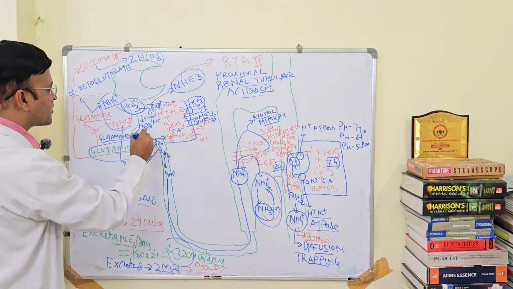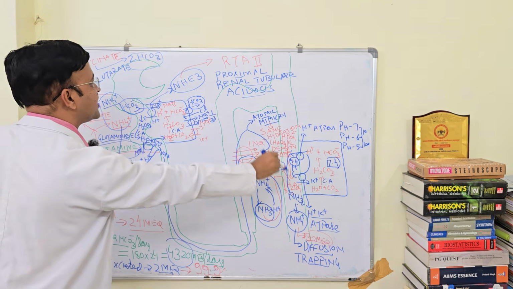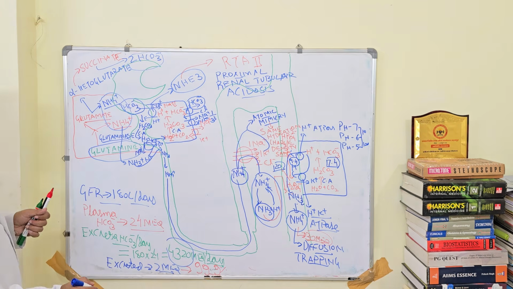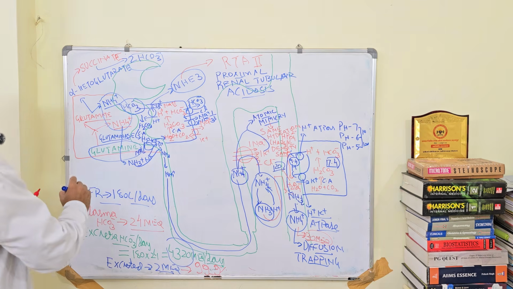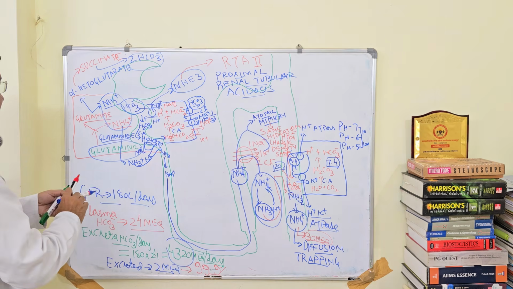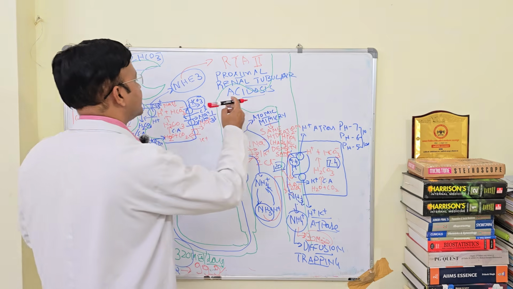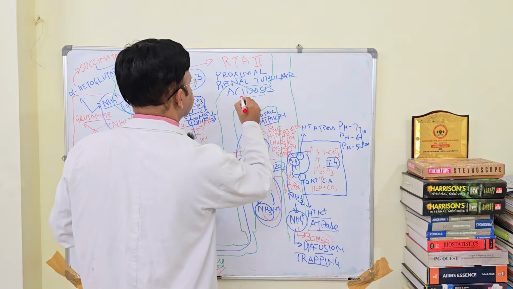If this bicarbonate is not reabsorbed, it will be simply excreted out in the urine, right? So in proximal renal tubular acidosis, you will have massive bicarbonate wasting, right?